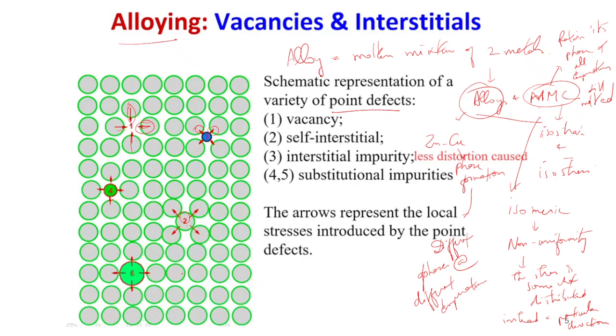The fourth and fifth are substitutional impurities: any atoms whose atomic radius is almost similar to that of the original solvent material result in a substitutional impurity. Of all these, the least distortion is caused by the interstitial impurity compared to everything else. This could be a possible question, so you can note this.